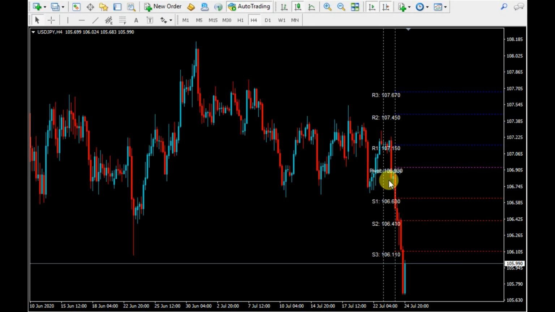To explain in simple words, on every resistance and every support, whether it's R1, R2, R3 or S1, S2, S3, every resistance and every support has a lock.